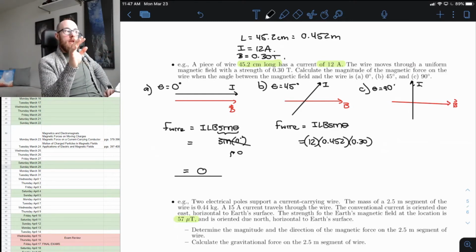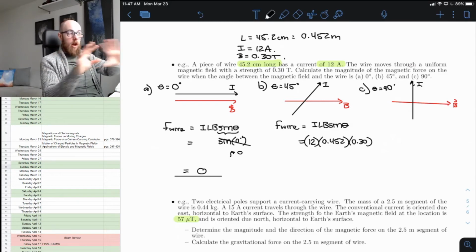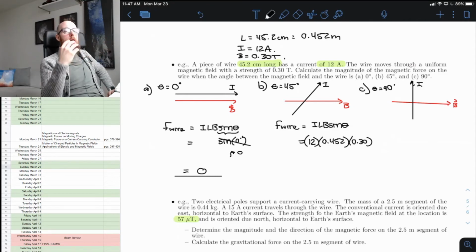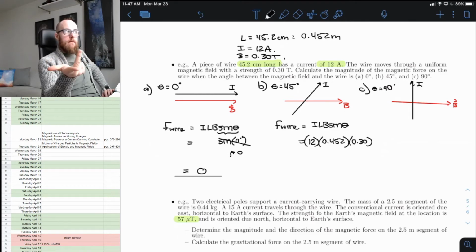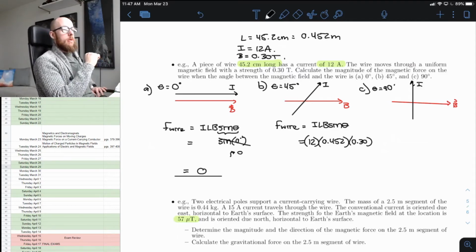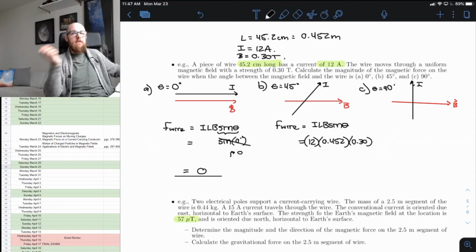Keep in mind here, we're using conventional current, right? So what we're imagining here, even though this is not the case, is that the charges flowing through this wire are positive charges. So the right-hand rule that we developed, the VBF, is still applicable here, even though we know that technically electrons are flowing through the wire, not positive particles.